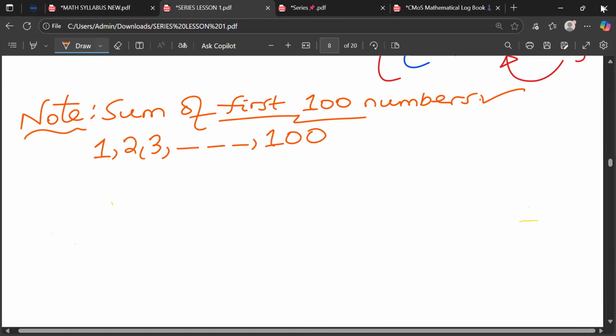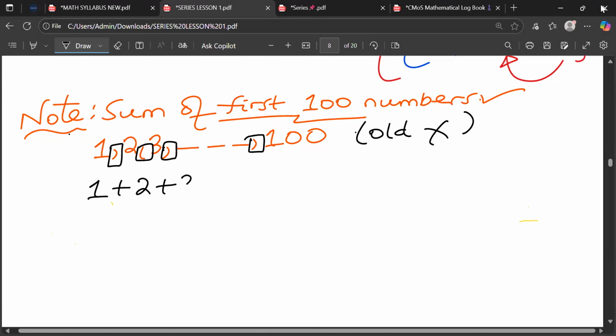But the problem with this, you're using commas, which are haram in this topic. What is halal? The plus sign. This is the old fashion for sequences, so it is out. This is what is supposed to be done: 1 plus 2 plus 3 plus ... plus 100.